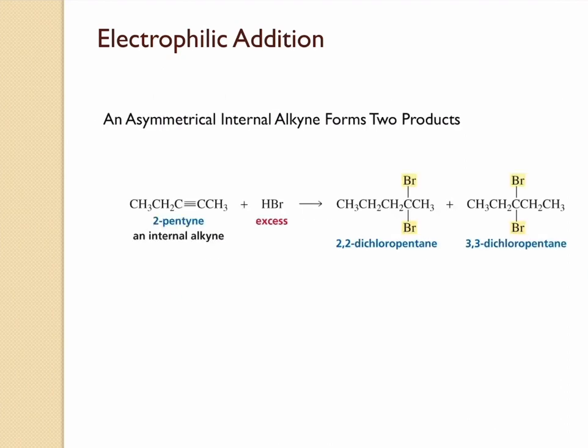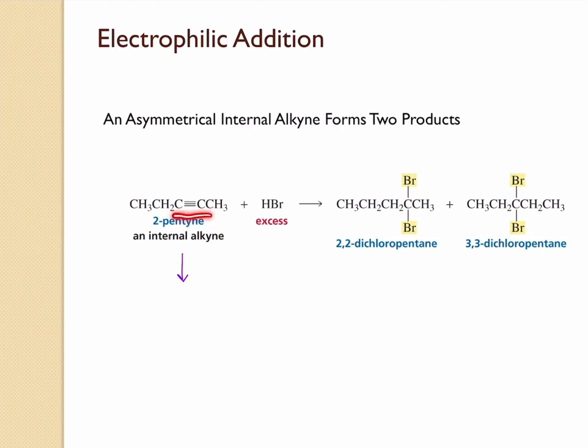An asymmetrical internal alkyne forms two products. Let's see why. Let's consider this reaction: 2-pentyne undergoing electrophilic addition reaction with excess of HBr. So in this case, there is a possibility that this alkyne can undergo two electrophilic addition reactions because we are using excess of HBr. So in the first electrophilic addition reaction, it's going to lead to two products.